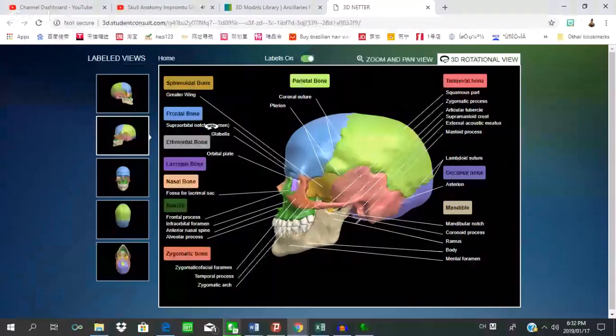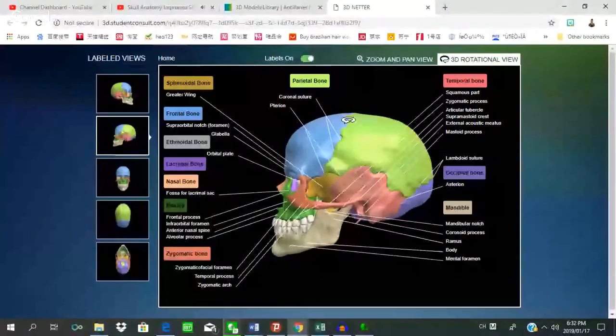On each bone there are going to be particular features. What separates the frontal bone and the parietal bone is the coronal suture.